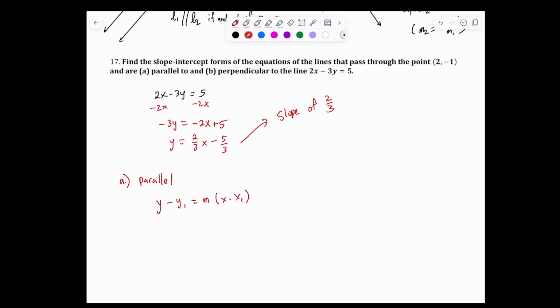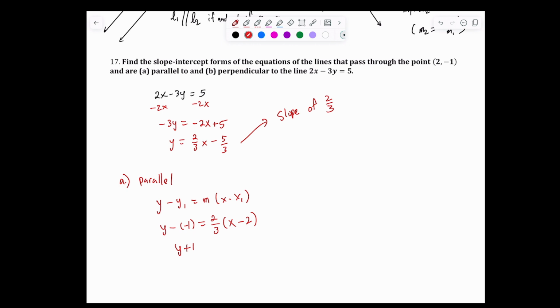So we get y minus negative 1 equals the slope. We're going to take it to be the same because we want it to be parallel. So that'll be 2/3 times x minus x1. x1 is 2, so x minus 2 there.